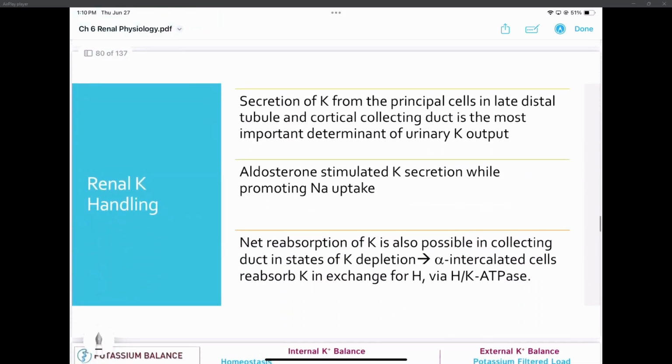So secretion of potassium from our cells in the late distal tubule and cortical collecting duct is the most important determinant of your urinary K output. And again, why? It's under hormonal control. So we can alter that potassium based on the hormone and what we need in the body.